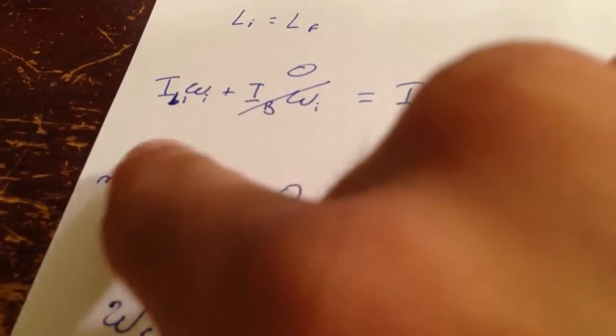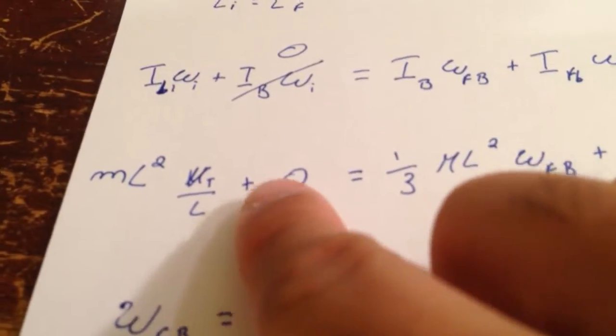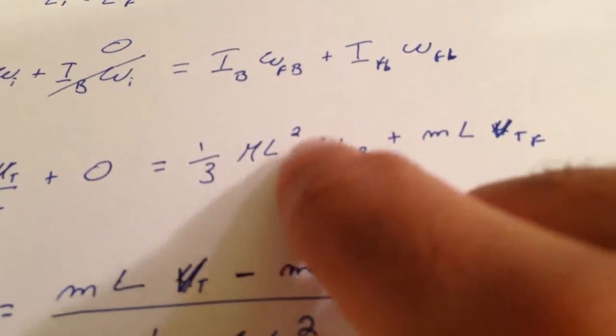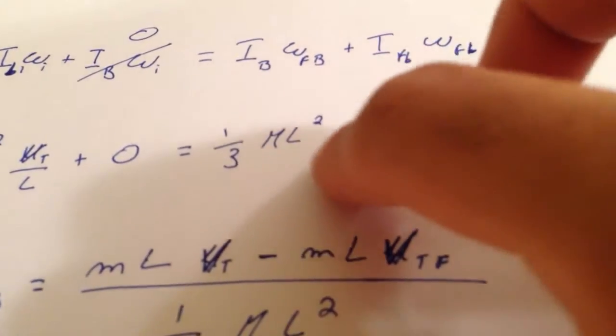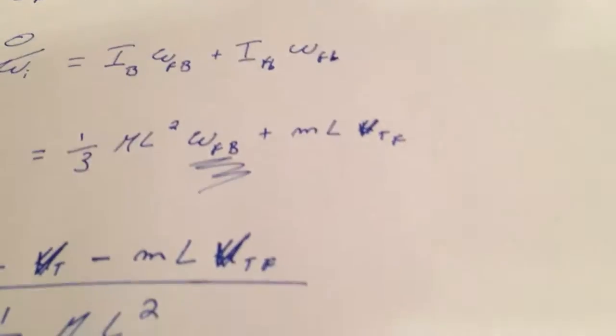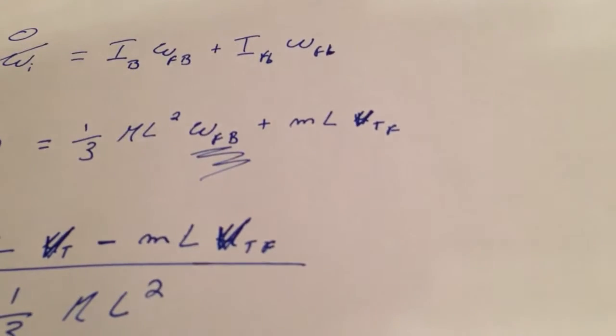So I know that the inertia is m L squared times v, the tangential velocity, divided by L, plus 0, has to be equal to 1/3 of the mass times L squared, and this is what we're trying to find right here, the angular velocity of the log, plus m L times the final tangential velocity.